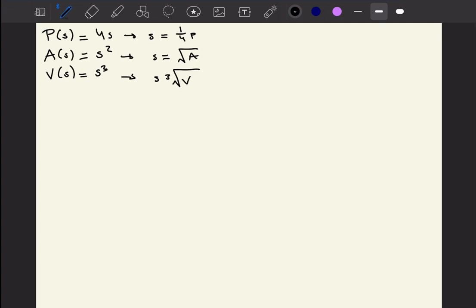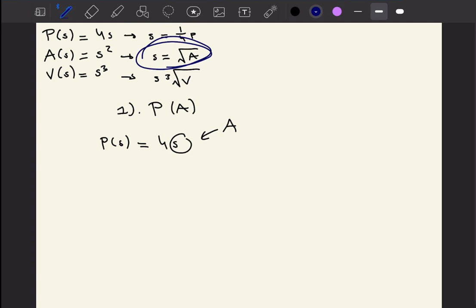So our first task was to find the perimeter in terms of the area, right? Now, what is the perimeter? Well, the perimeter in terms of s is 4s, right? But now we don't have s. We need to have a, right? But that's exactly why we found s in terms of a.